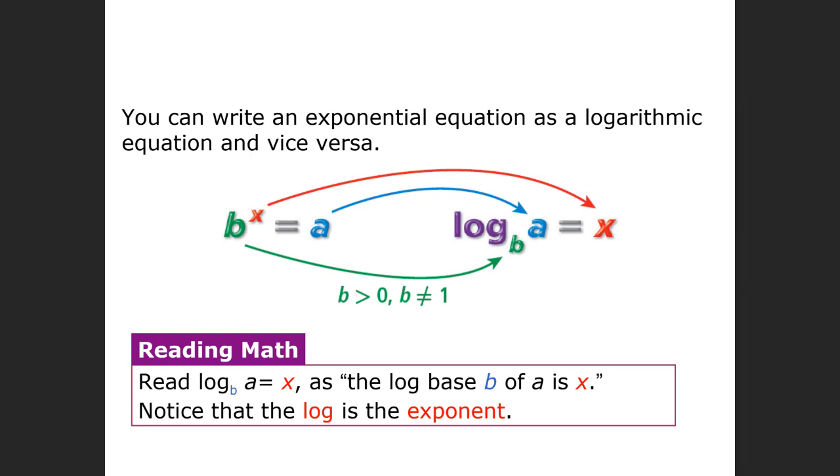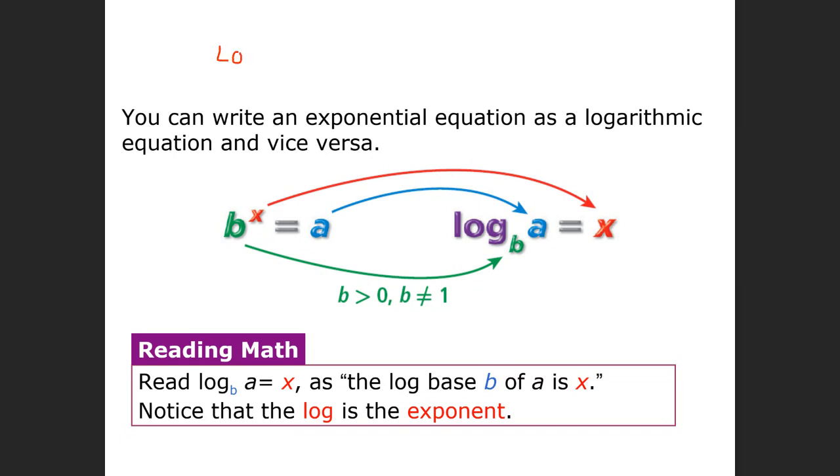Okay, so the first thing that you have to be able to do this week is rewrite an exponent as a logarithm and a logarithm as an exponent. I think that's how this assessment starts this week: the first 10 questions just ask you to rewrite a logarithm as an exponent and an exponent as a logarithm.